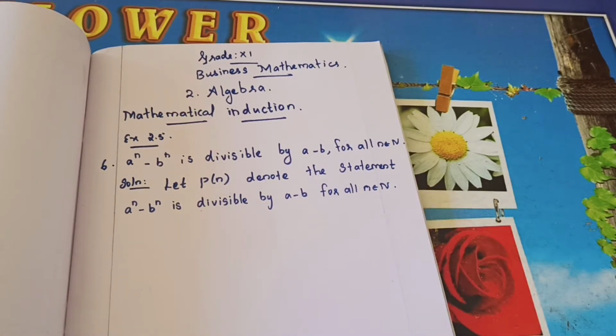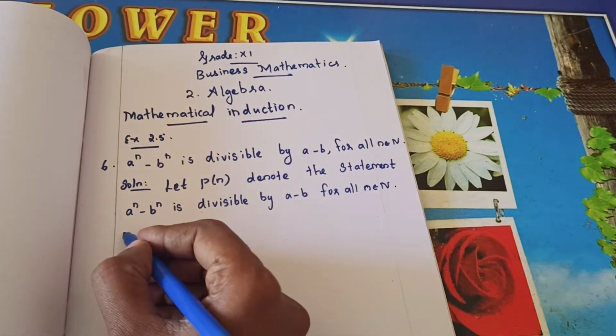Let P of n denote the statement a power n minus b power n is divisible by a minus b for all n belongs to N. So this is the given statement, I consider as P of n. Then come to step 1.